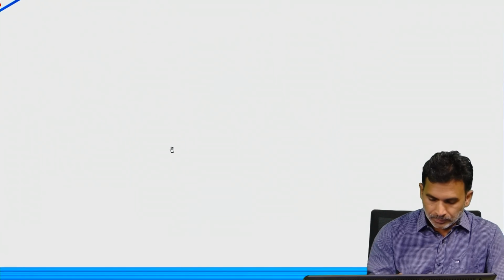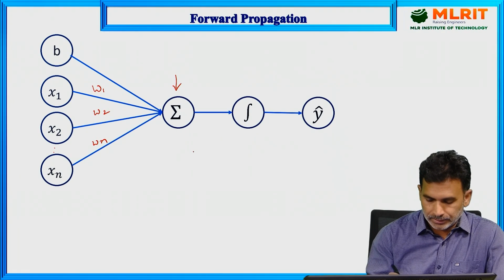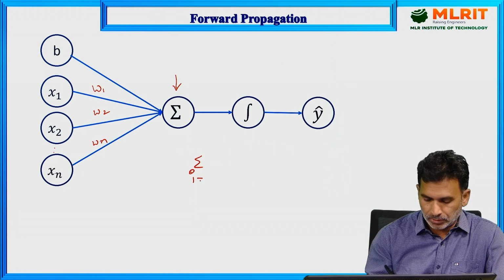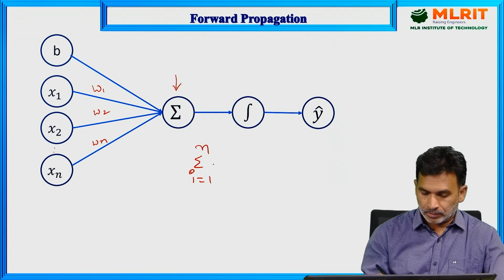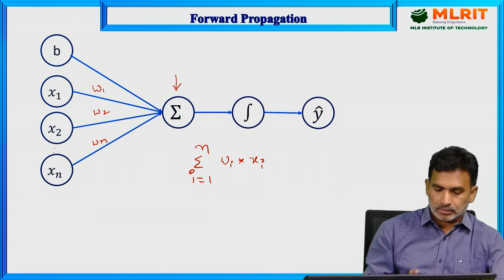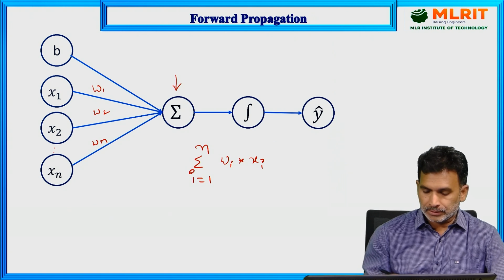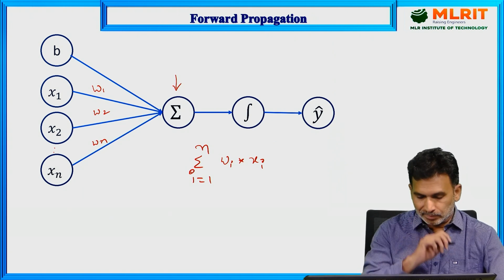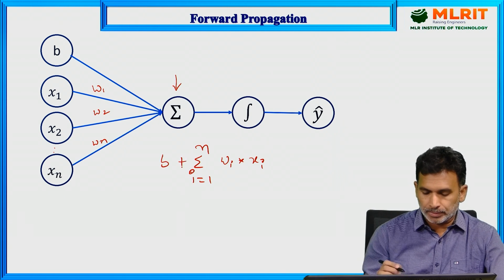So this weighted sum is sigma i equal to 1 to n, because there are n inputs, of wi times xi, that is, each input is multiplied with the respective weight and summed together. So this is the aggregated sum, that is the weighted sum, and then the bias also would be added.